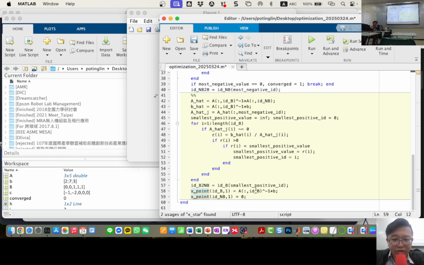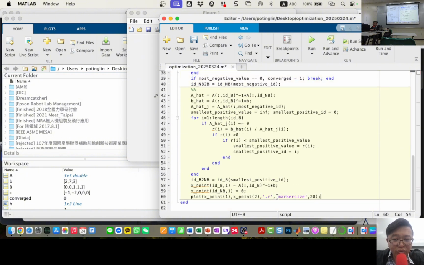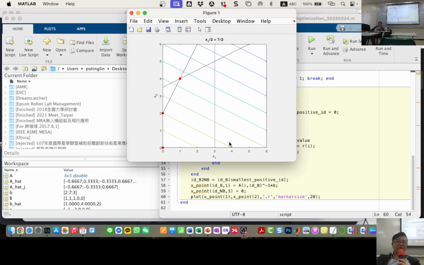So I will plot out x point 1 and x point 2, and copy the whole thing here so that you know where they are. It's quite important. They are following. Did you see that? It's following the wall, the linear wall.